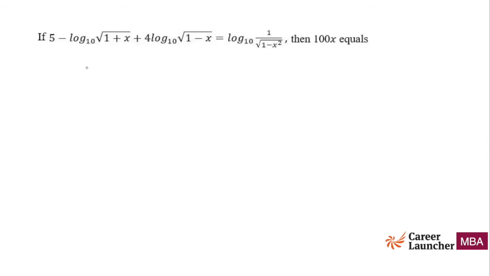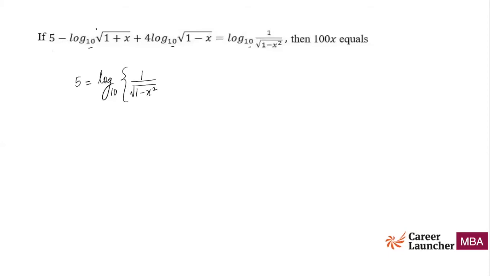So question on log. So we have 3 terms on the left-hand side, 1 term on the right-hand side, and the bases are same, thankfully. So what we can do is we can keep the number 5 here and bring all the logs to the other side. So I will have log base 10. The first one, which already exists over there, is under root 1 minus x square.